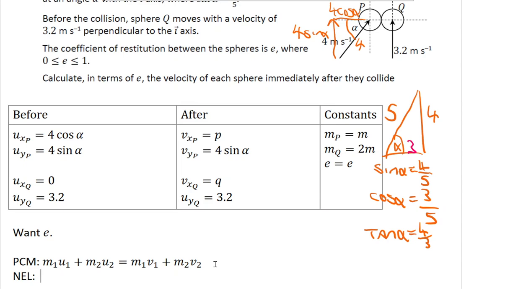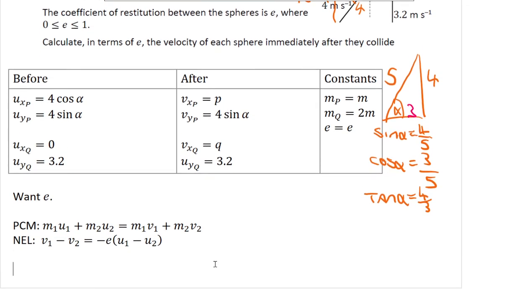And then our Newton's experimental law is V1 minus V2 equals minus E times U1 minus U2. And again, whatever we decide is 1 for PCM has to be 1 for the NEL. So the principle of conservation of momentum. Now the key here is in an oblique collision, the PCM only happens in the direction of the collision itself.